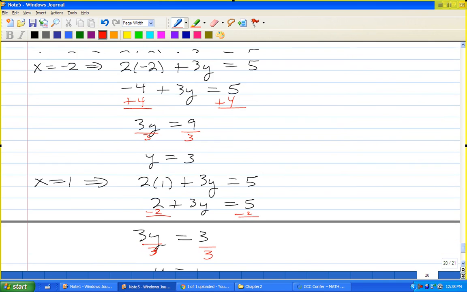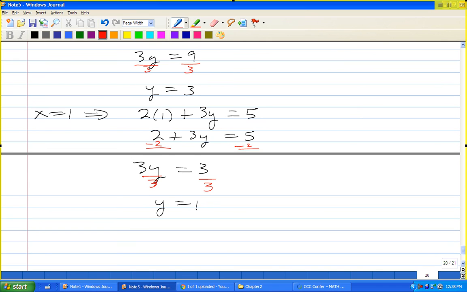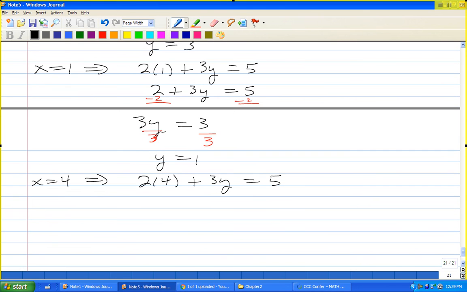And then lastly, let's figure out what happens when x is 4. So I get 2 times 4 plus 3y equals 5. 2 times 4 is 8.